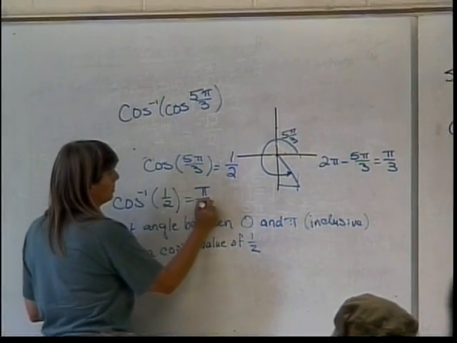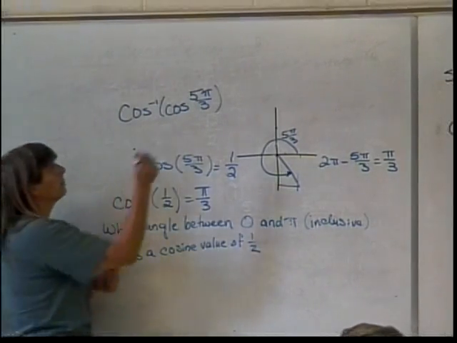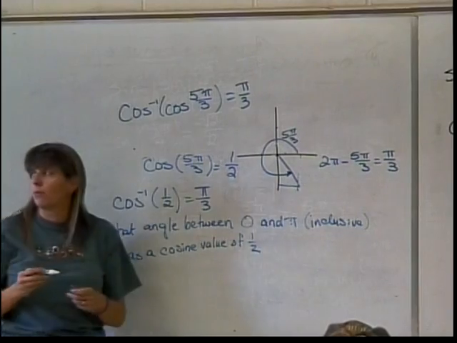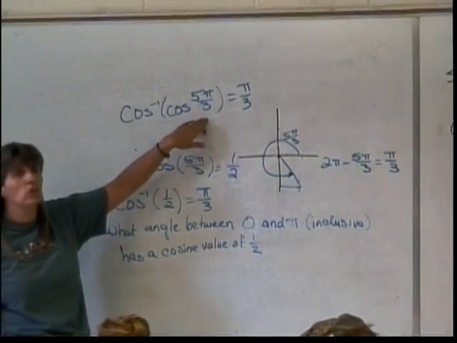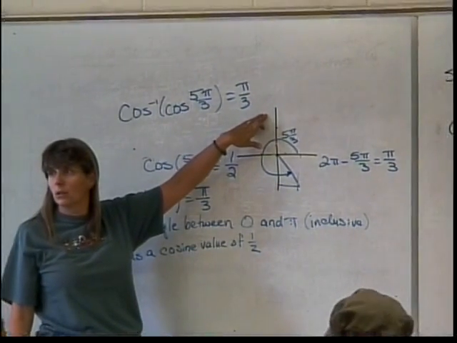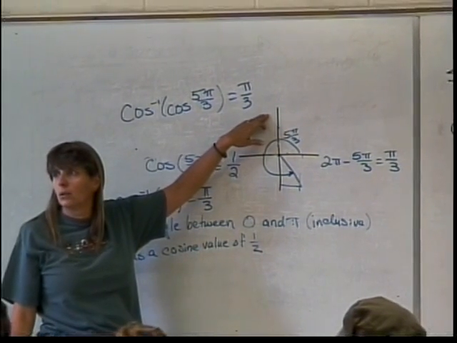Now I have a question. So that's the answer to this question. Looking at your answer to the last question, and your answer to this question, what can you tell me about the denominator of the original angle given and the output angle? They're the same. They're always going to match up.